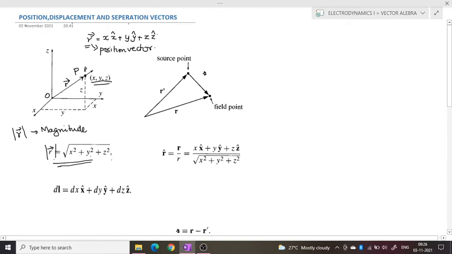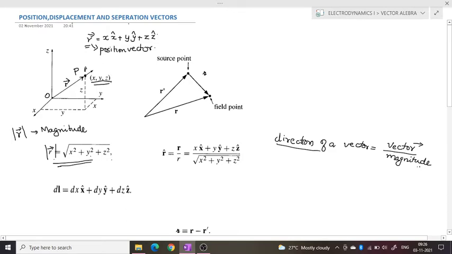So what is the direction of this position vector? The direction of a vector is given by the vector divided by its magnitude. When we divide it by its magnitude, the magnitude will cancel. What will remain?